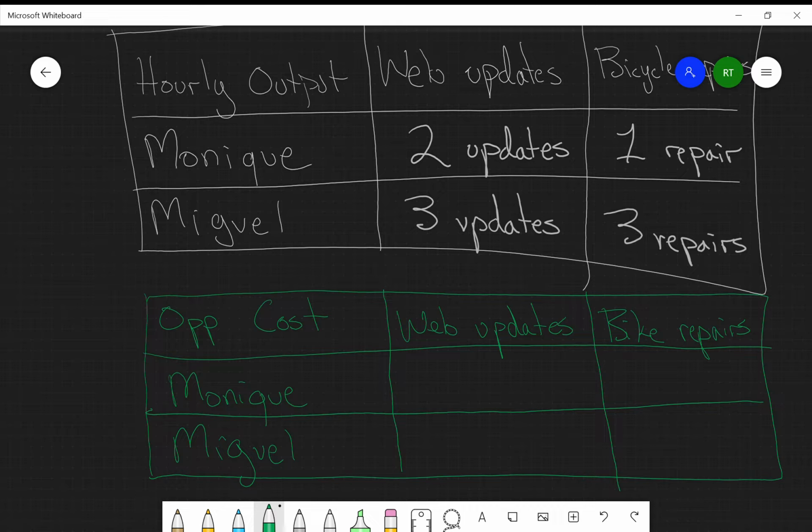And so on your own, a good little check: go ahead and figure out what the opportunity cost is when Monique does a web update. How many bicycle repairs is she giving up? So Monique is giving up 1/2 of a repair.